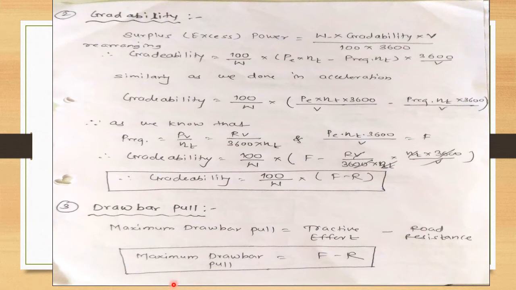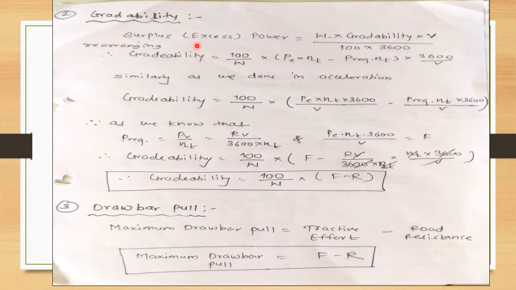Now let us discuss the gradability. What is the gradability? We have already discussed that. The gradability is the maximum percentage grade which the vehicle can negotiate with full rated condition. Whatever excess power we need to overcome the grade resistance, this excess or surplus power is to be considered as the gradability.